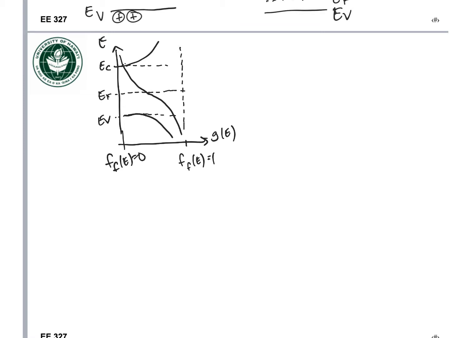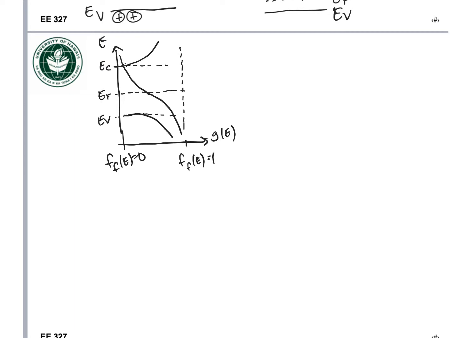The curve at the top that starts at the conduction band energy is the density of states in the conduction band. The curve at the bottom that starts at the valence band energy and decreases is the density of states in the valence band.